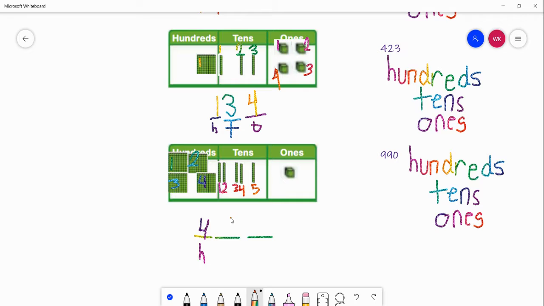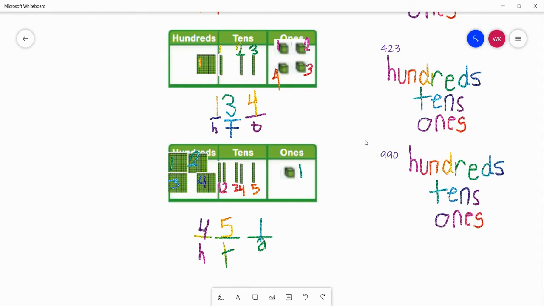So we are going to put a 5 down in our tens place. And last but not least, let's look over to our ones place. We only have 1 cube over there, so we know that we have a 1 in our ones place. So our number reads 451. So we had 4 hundreds, 5 tens, and 1 one to make the number 451.